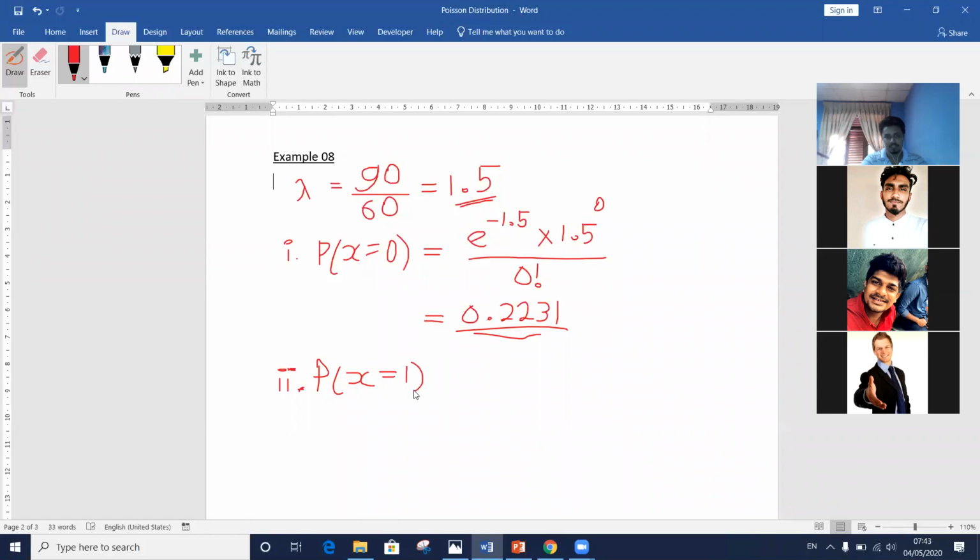Probability of x equals 1. Part 3, probability of x equals 2. Or per minute, the probability of getting exactly 2 calls. That is part 3.